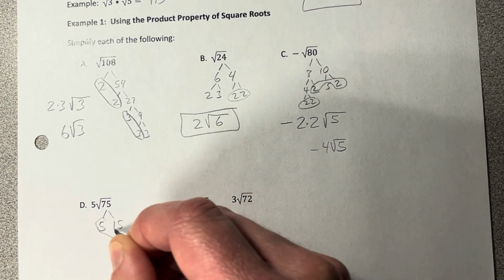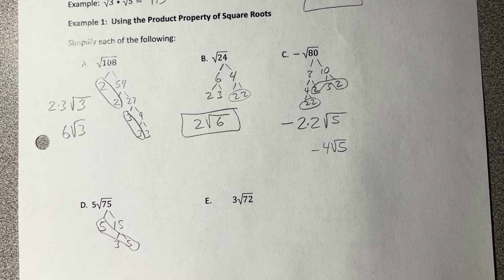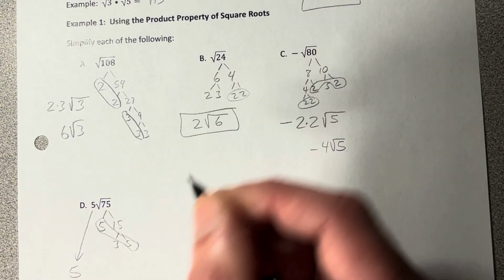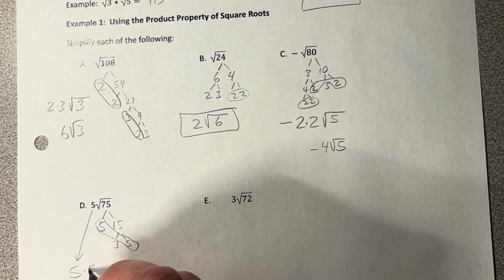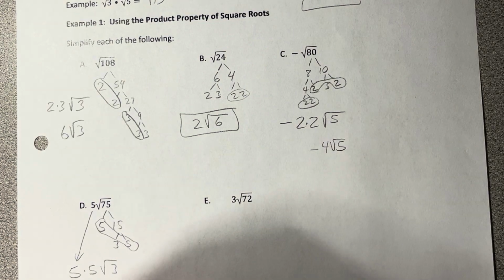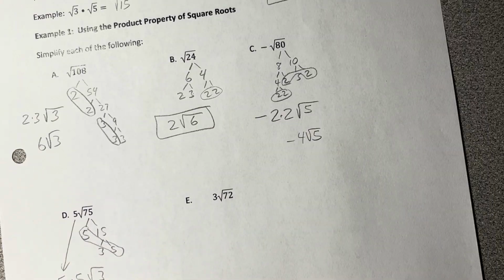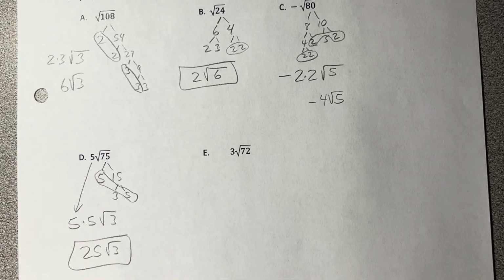We got a pair of 5s. Now notice we got a 5 that's already waiting. So let's write that 5 down. But we got another 5 that's going to join it. And we got a 3 that's left over. So we get 25 square root of 3. So if there's a number out there already, it's just going to multiply with whatever else comes out.